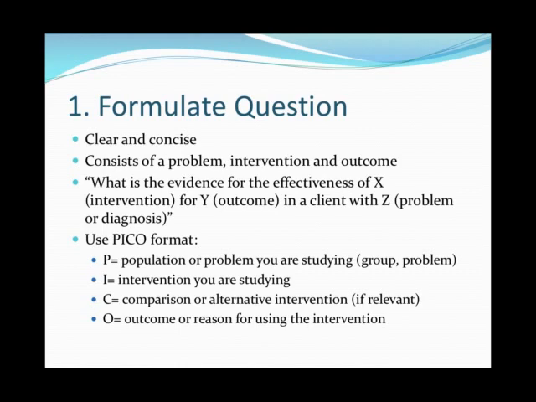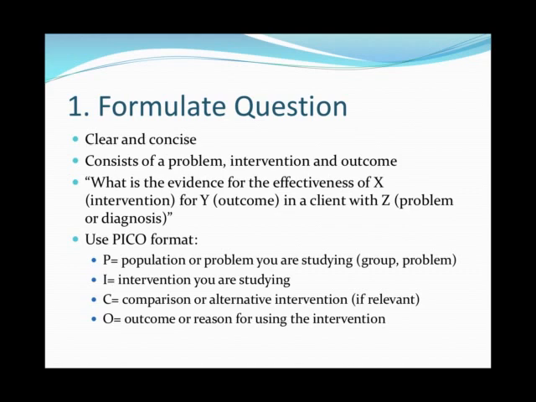Like, what is the evidence for giving metformin to decrease mortality, decrease the death rate in a patient with diabetes, versus giving insulin, or versus not giving any medicine, or versus just telling them to change their diet, something like that.